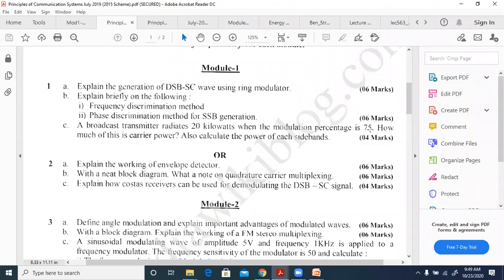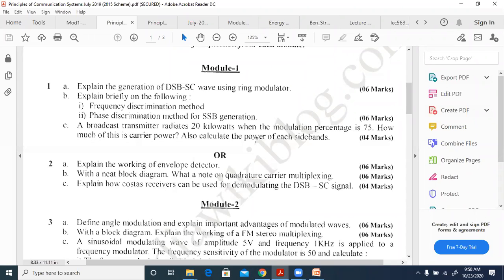Mu is equal to 0.75 because this is 75%, right? So PC will be naturally 20 divided by, in the bracket, 1 plus 0.75 squared by 2. So 0.75 squared, you need to expand that and write it, and that will give you the value of PC.